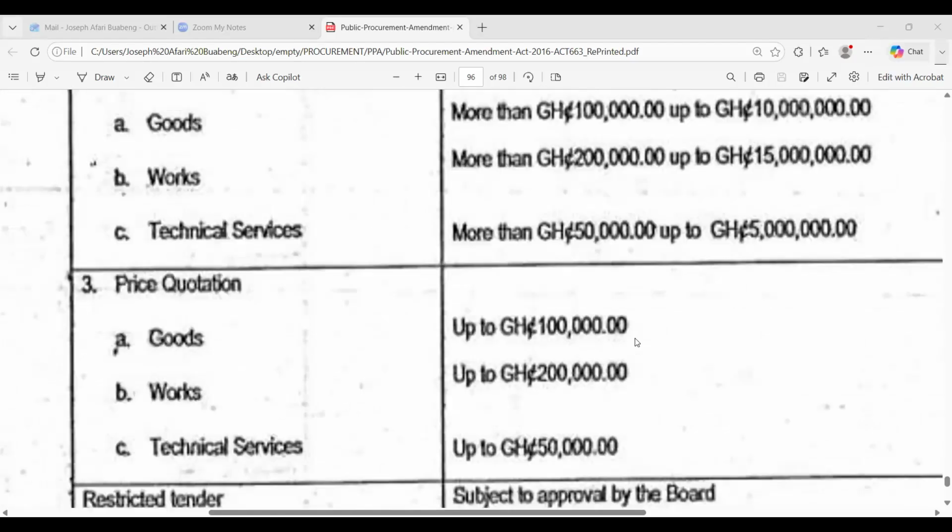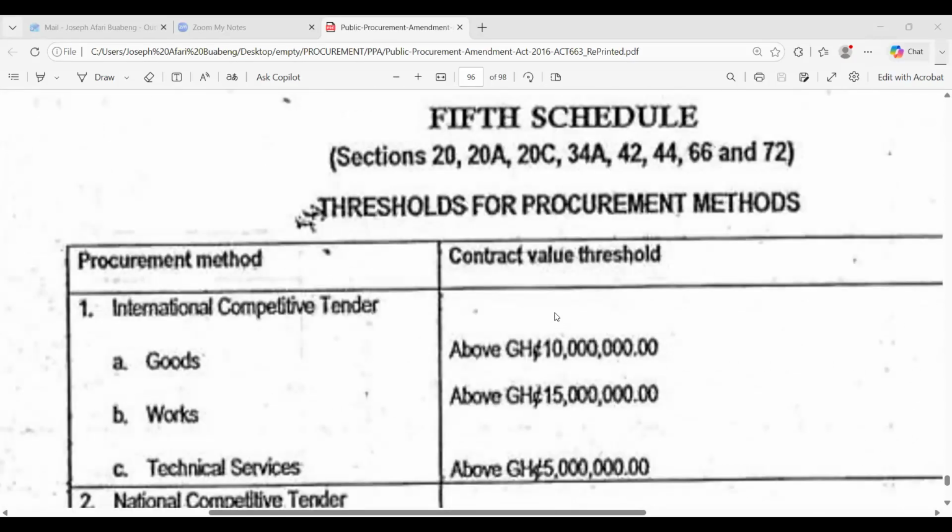You've been doing procurement for 2 years now, and some of you are already into practice. Let me ask, how will you arrive at the procurement value? How will you know that the value of procurement is 10 million, 5 million, or 2 million, and for that matter, I need to use method A, method B, method C? So when you talk about threshold, this is the threshold. But I am asking another question: how will you arrive at the value of procurement?